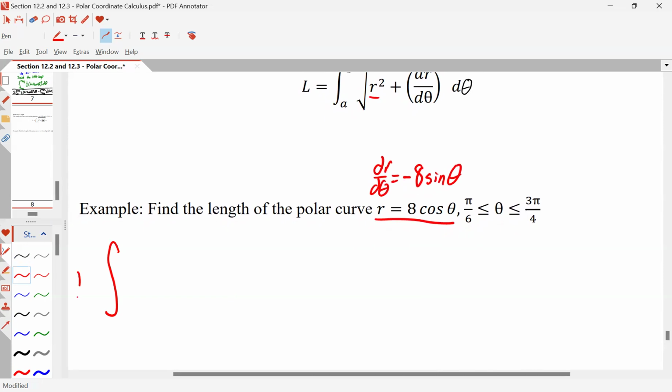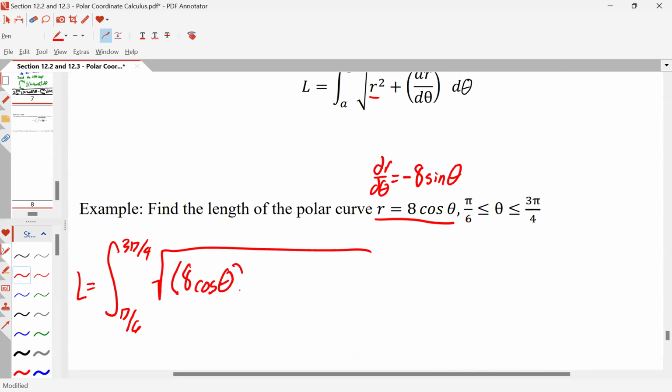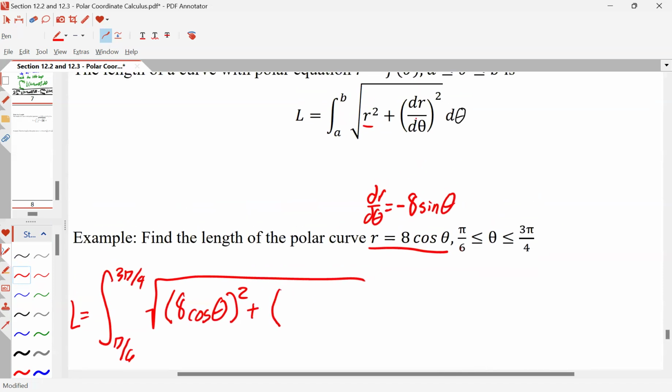Setting up our integral, the length equals the integral from our bounds, pi over 6 to 3 pi over 4, of the square root of r squared, 8 cosine theta squared, plus the derivative squared, negative 8 sine theta squared, d theta.